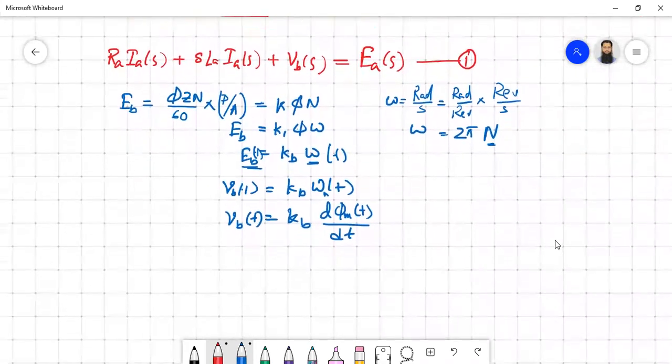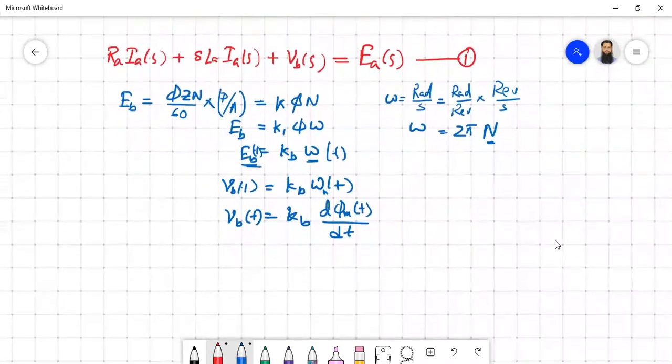Okay, so we can easily take the Laplace transformation of it. And the Laplace transformation will give us Vb(s) equal to Kb times the derivative of theta. The initial condition is 0, so the derivative is nothing but just multiplication by s: Kb s theta m(s).